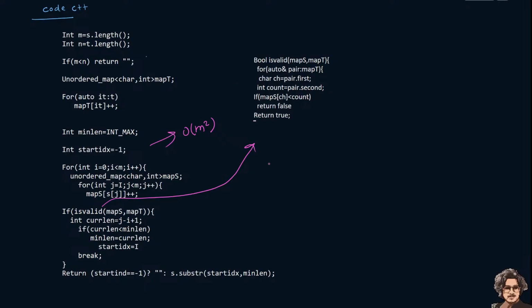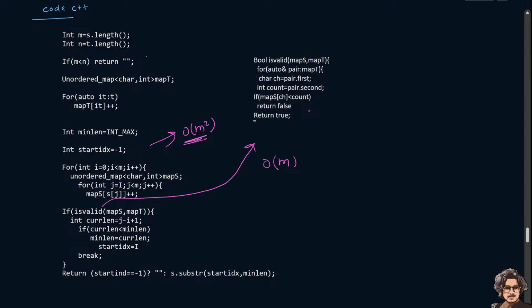We have two maps, so that is order of this one plus the other map also. We have to at least reduce this. We can't simply try all possible values and check every pair and then return.